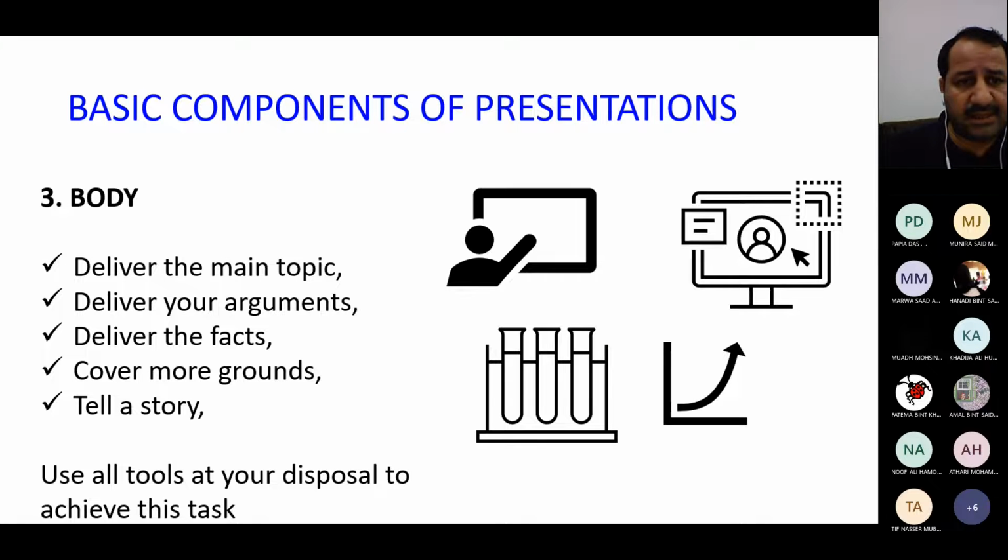Now, the body of the project is supposed to deliver the main topic, deliver your argument, deliver the facts, cover more ground, tell stories. And by the way, in the presentation also, my advice: within one year, you will get many stories. While you work in the lab, or outdoors in an experiment, you will get many stories.